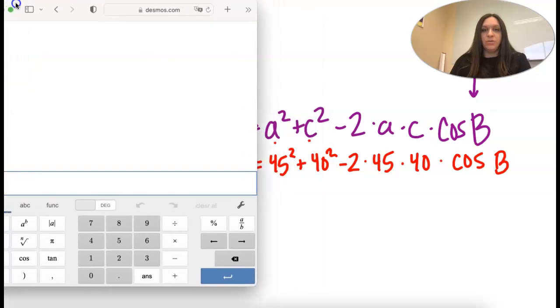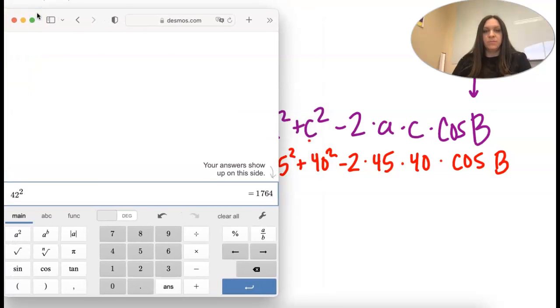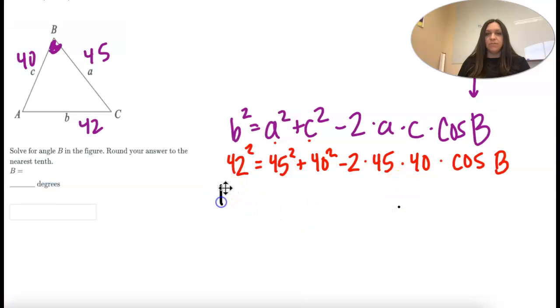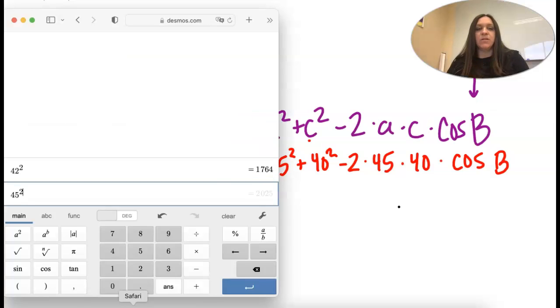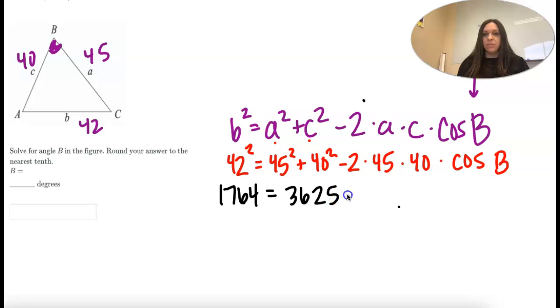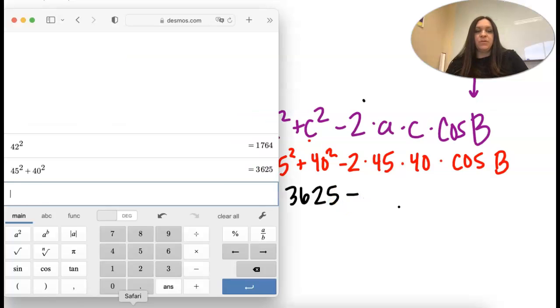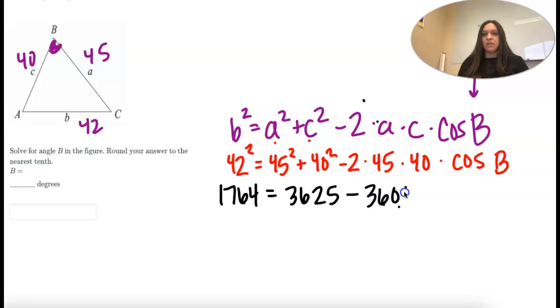Okay, so 42 squared is 1764 equals, and then 45 squared plus 40 squared is 3625 minus 2 times 45 times 40, 3600 times cosine of B. Okay, so I did that because sometimes it gets confusing on where all the numbers go.